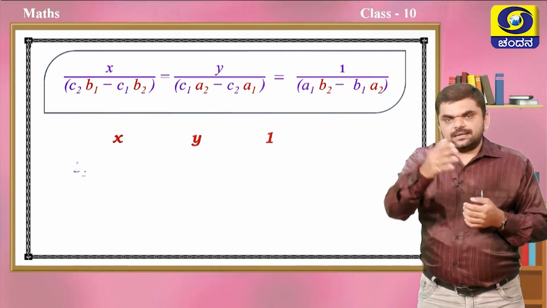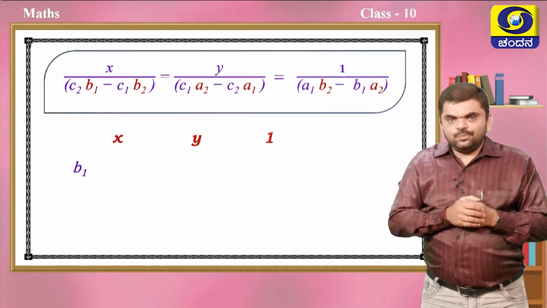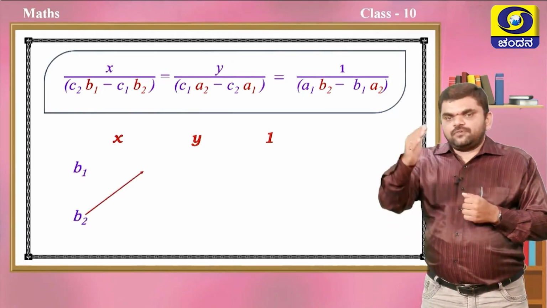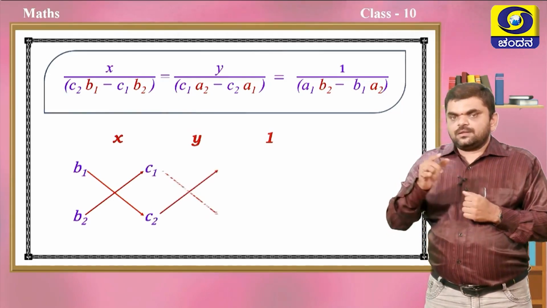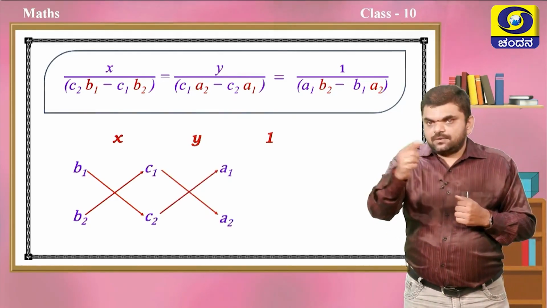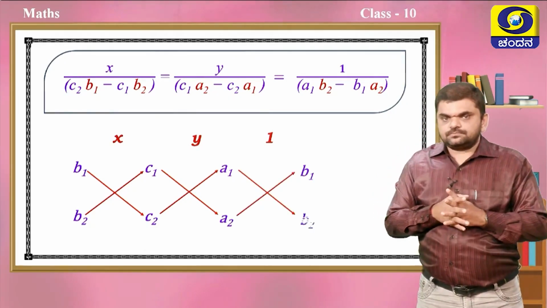How? Just write like this: x, b1 b2; for y, c1 c2; for 1, a1 a2, and again repeat b1 b2.